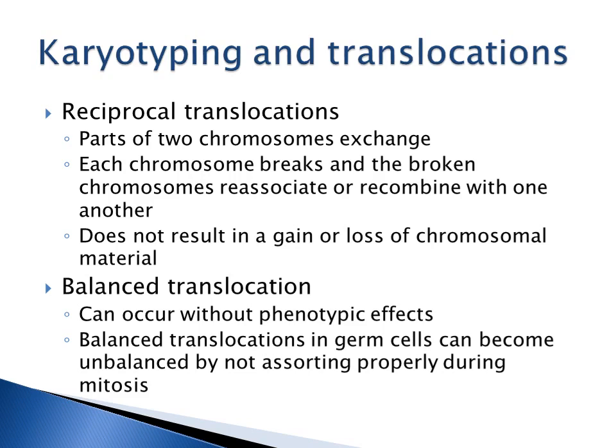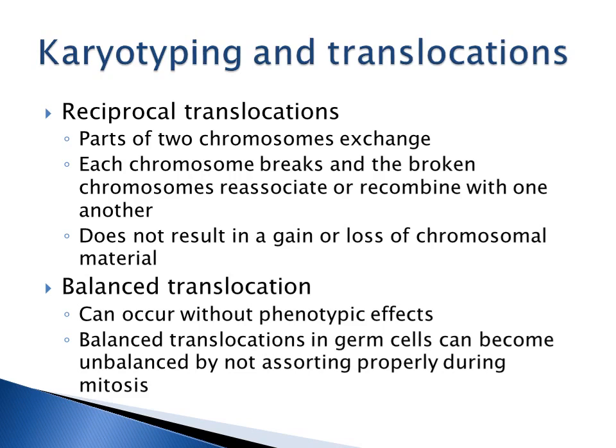You can use karyotyping to look for translocations. So remember, there are reciprocal translocations and balanced translocations. So in reciprocal translocations, that's when parts of two chromosomes exchange material. So each chromosome is going to break, and then those broken chromosomes are going to recombine or reassociate with one another.